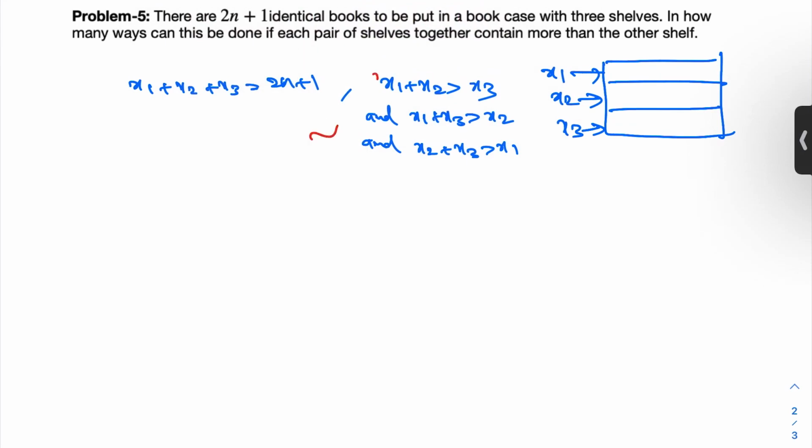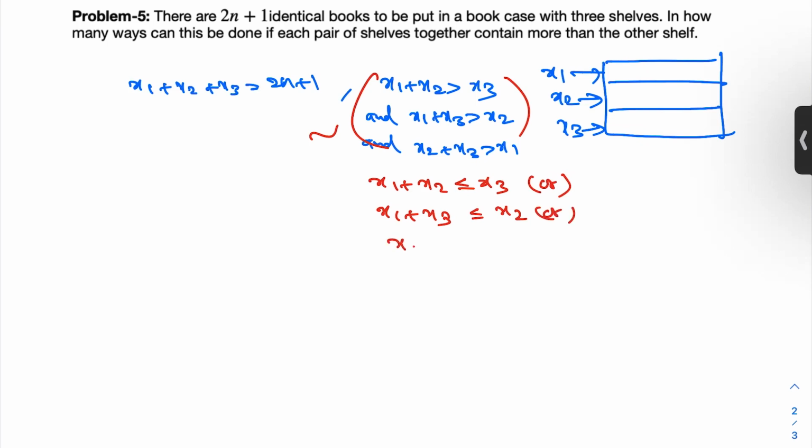If you apply the negation, we will have x1 plus x2 less than or equal to x3, or, and will become or when you apply negation, x1 plus x3 less than or equal to x2, or x2 plus x3 less than or equal to x1.